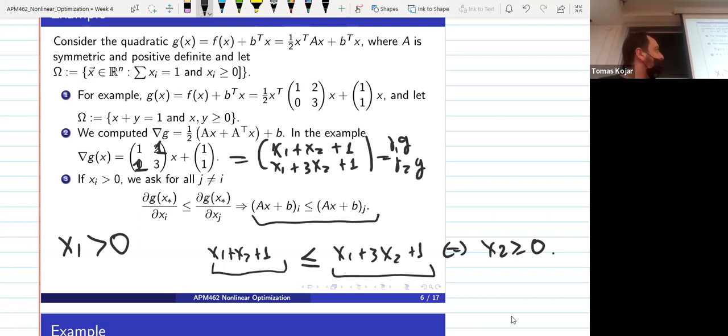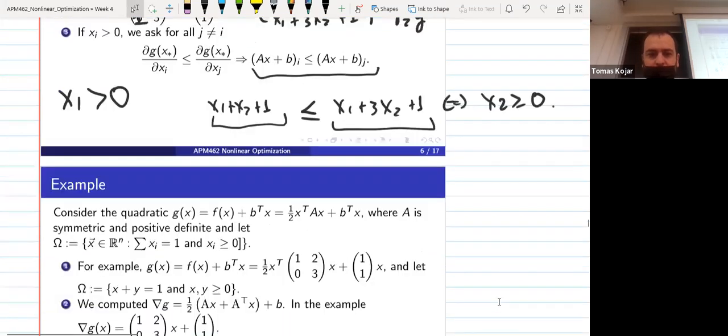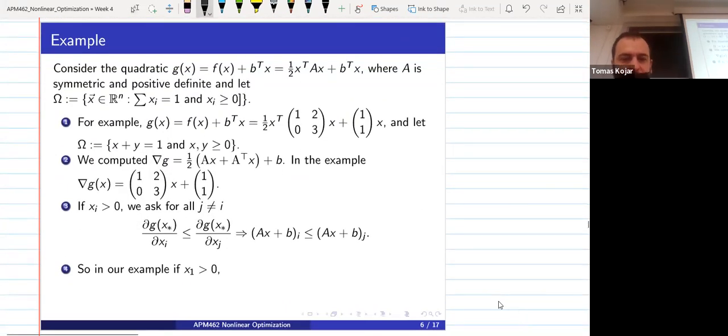So there's no new information here. Your minimum could be at a point where you have one of your components positive. But now suppose that x2 is positive. Now you get a problem.